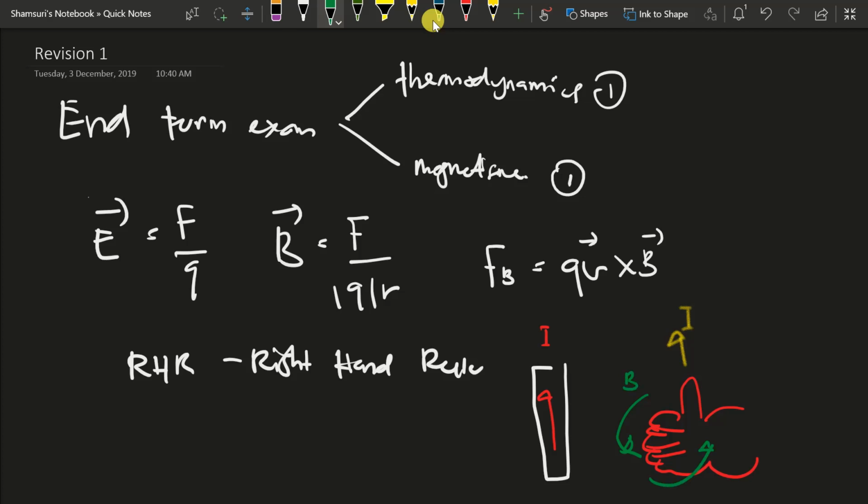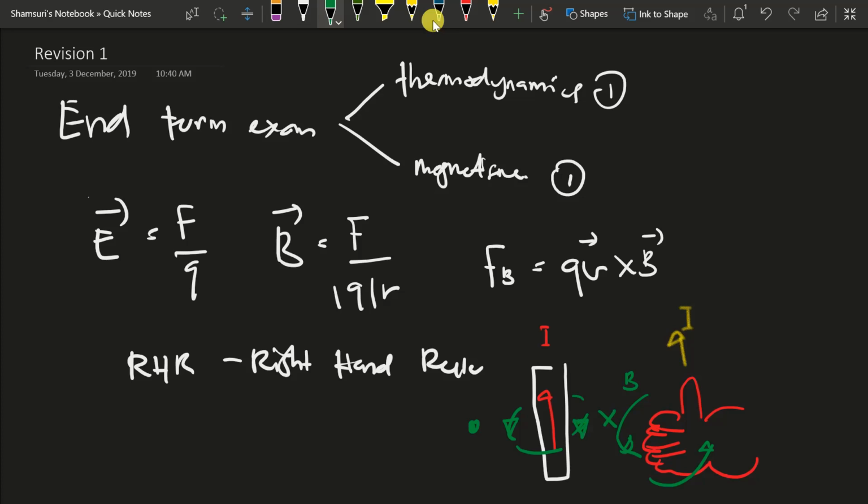So for this case, if this is the direction of I, your magnetic field is in this direction. The dot shows that it comes out of the page, and the cross shows that it goes into the page.